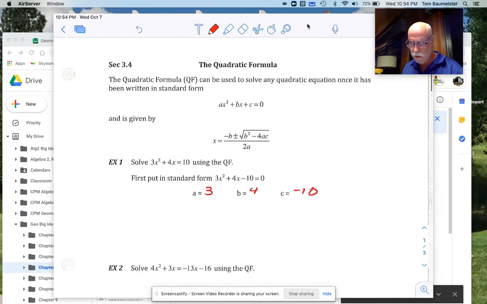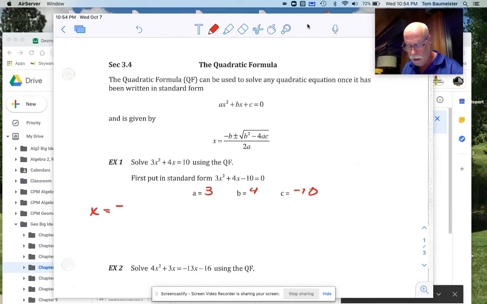All right. So now all the quadratic formula means is I'm just going to plug that in there. My suggestion to you, ladies and gentlemen, is whenever you replace a variable with a number, put parentheses around it, because sometimes a lot of people will forget that a negative times a negative is a positive.